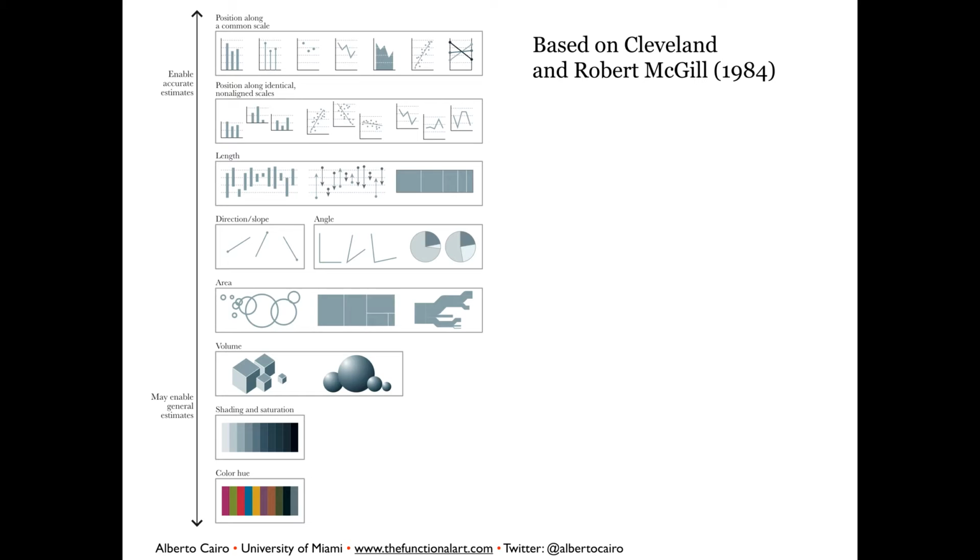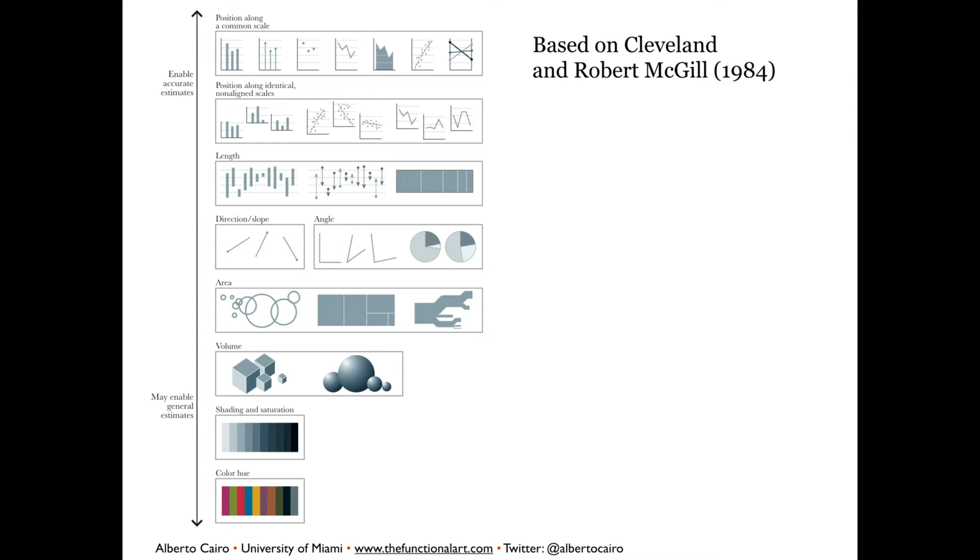For instance, they began with three different numbers, let's say 70, 35, and 10, or something like that, and they encoded those numbers using a bar graph and a bubble graph and a pie chart and a series of shades of color of different intensities, etc. And then they asked the people participating in those studies to estimate the relative sizes of those numbers using the graphics to make that estimate, right?